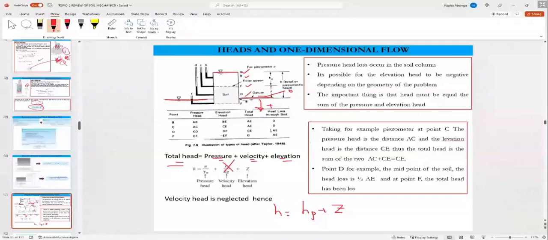Anybody willing to answer? What is the pressure at the point? What is flowing down here? Your piezometer measures the pressure.